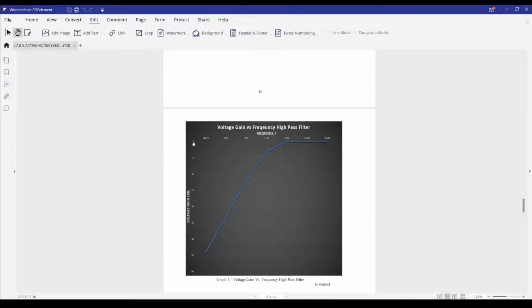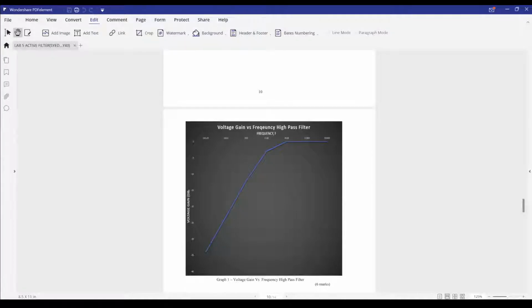The low pass filter is stable during the low frequency stage, while the high pass filter is stable after it is more than the cutoff frequency. See, this is not stable from here, and it becomes stable after it has reached, after it is more than the cutoff frequency. So here is the stable part, at 4.5 kilohertz of frequency.